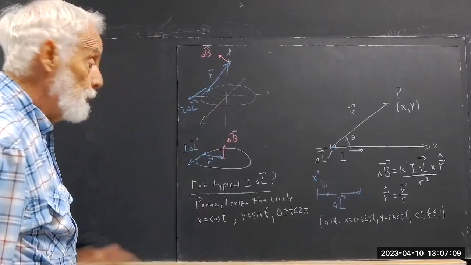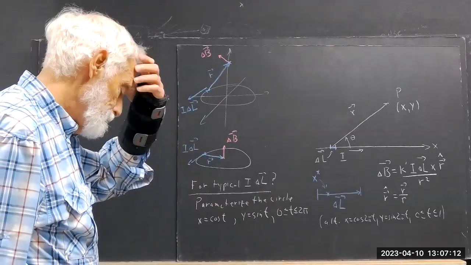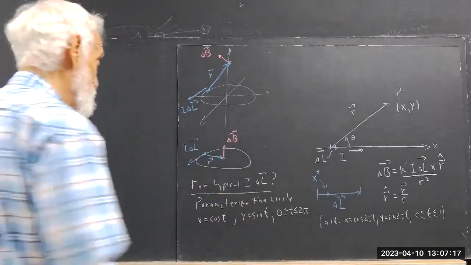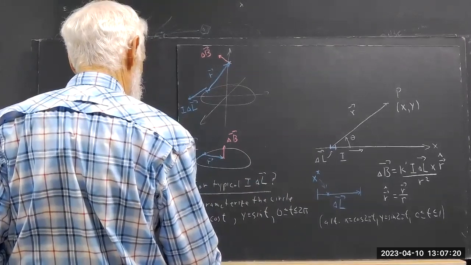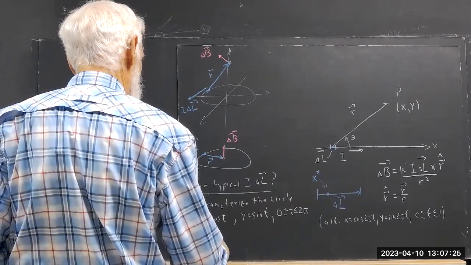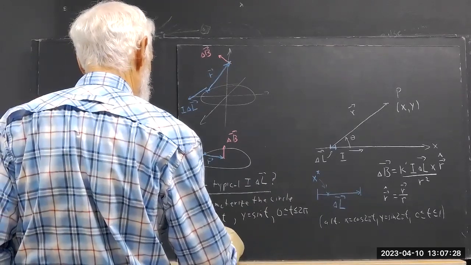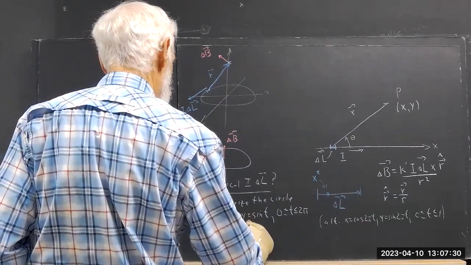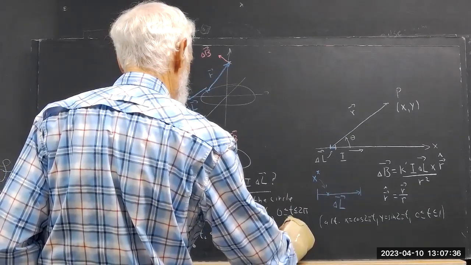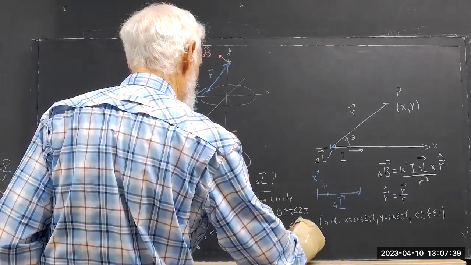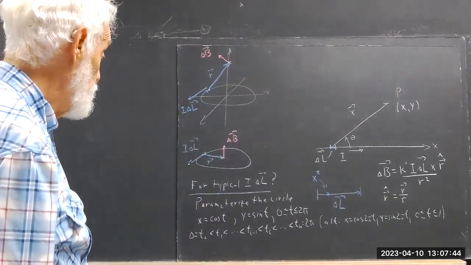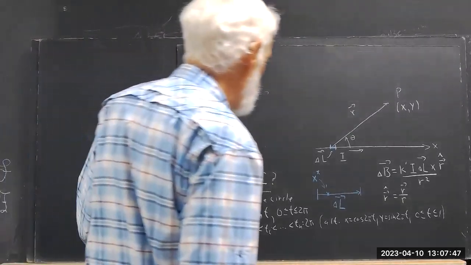What's the first thing you do? You partition your parameter. You've got your partition. What do you do with that? Well, you set up the typical interval.